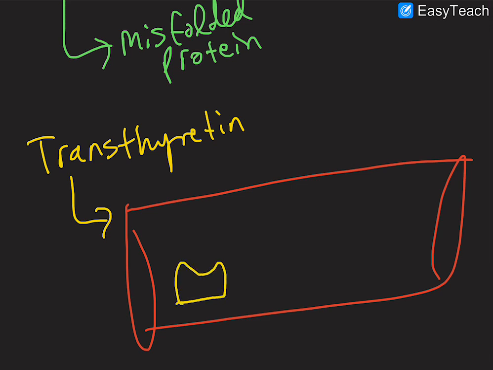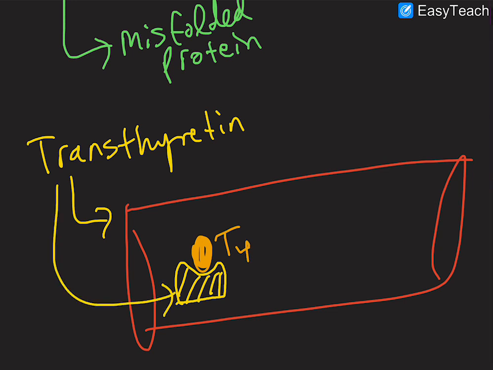It floats in your blood and transports thyroxine, T4. Let's say T4 is in orange, and transthyretin is in yellow.